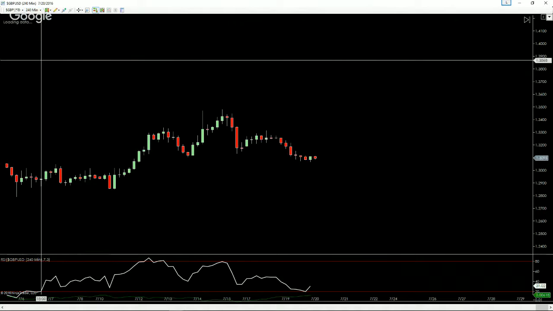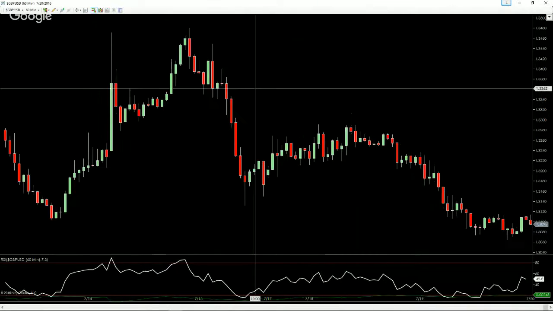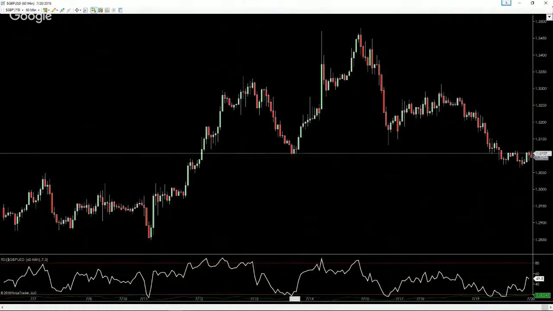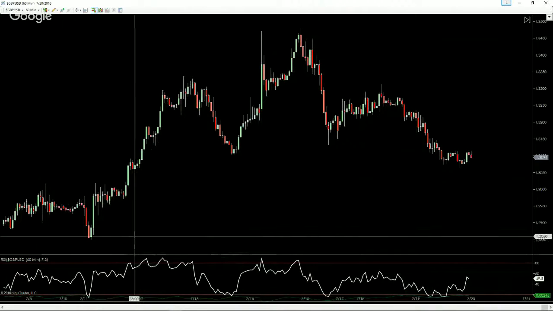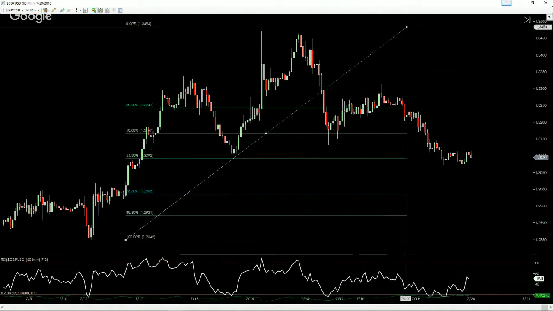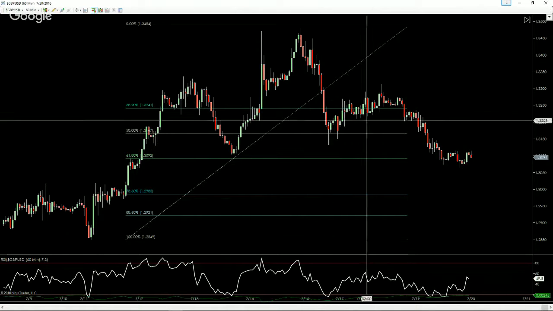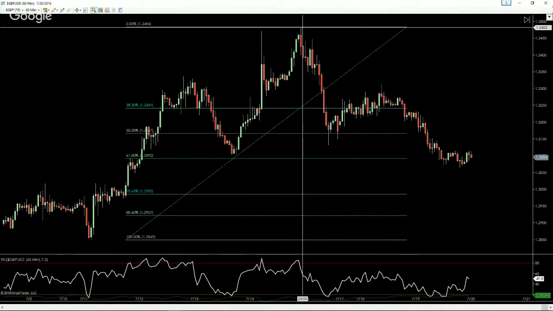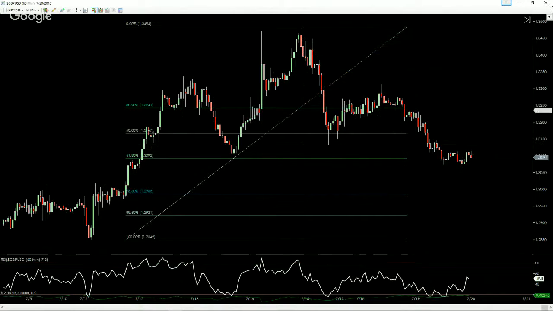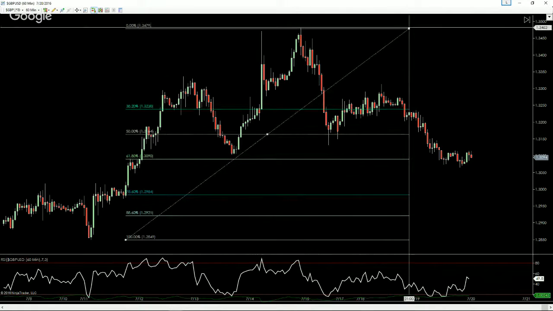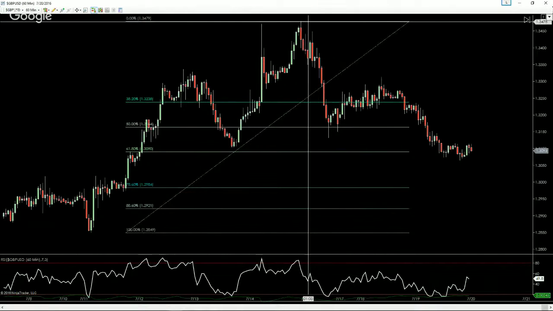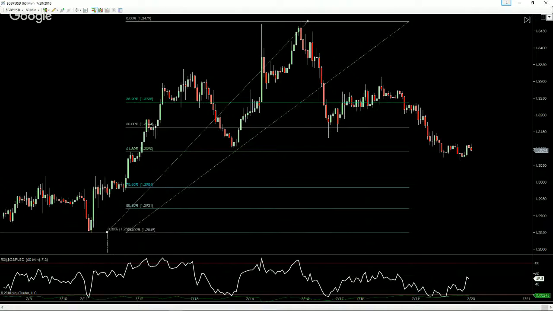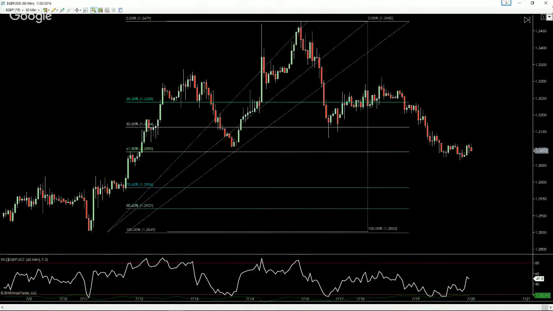Go to the 60. So the 60-minute, there might be a bat pattern.